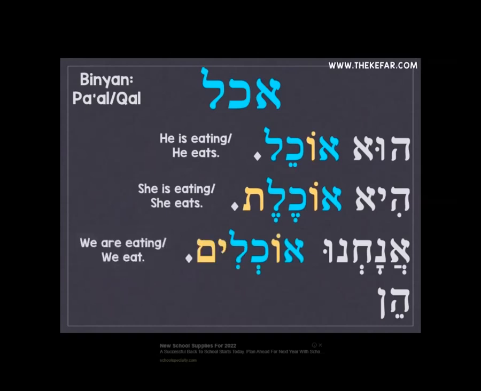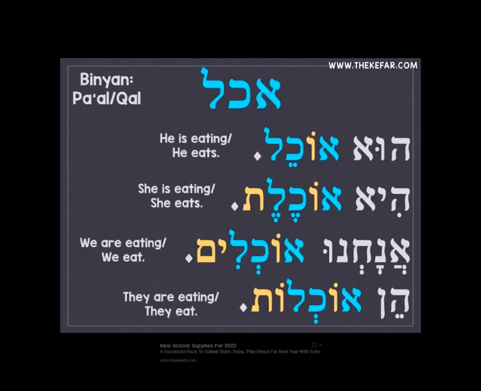We are eating or we eat. And then feminine plural, hen ochlot. They are eating or they eat. Okay, so all we did is we added the letters of our shoresh to our vowel pattern. From O-E to ochel, O-E-et to ochelet, O-im to ochlim, and O-ot to ochlot.